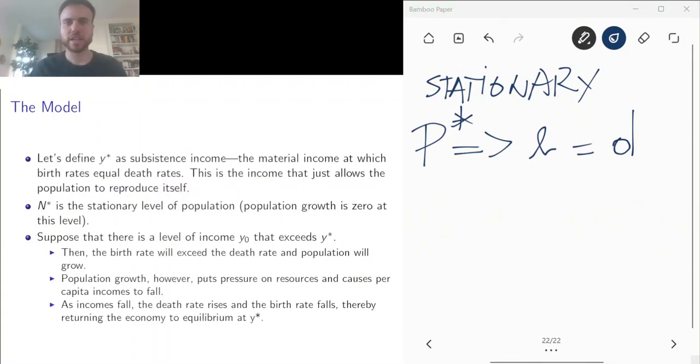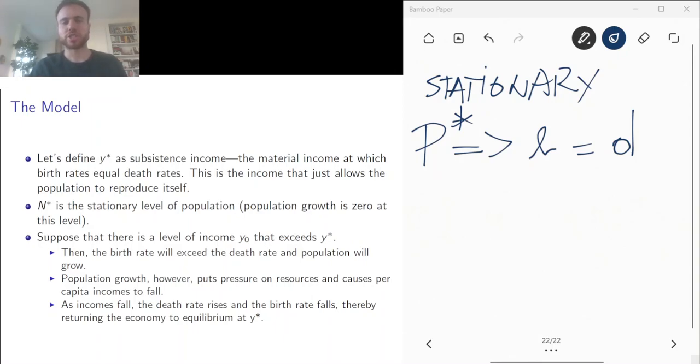Let's define Y star as a subsistence income. This is the income at which birth rates equal death rates, so you have just enough to sustain that population. Let's call N star the stationary level of population, where population growth is zero.